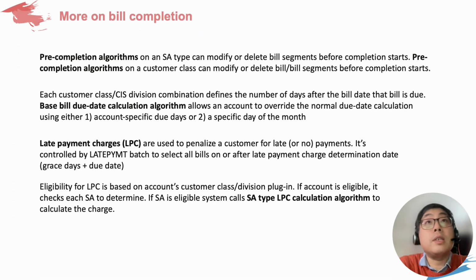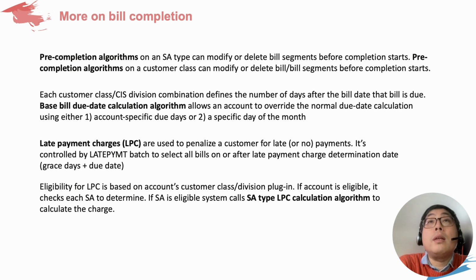Okay, so let's expand a little bit based on those events. First of all, the pre-completion algorithm on the SA type. Well, it can be on the SA type or it can be on the customer class, which is referenced by the account of the bill.